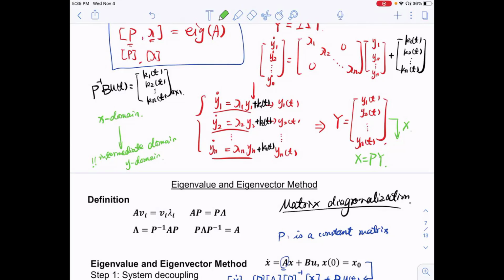You will only have one coordinate in one equation. So then we can easily find the solution in the y domain. Once we find the solution in the y domain, we just dump it back to the x domain. So the coupling between these two domains is through the P matrix or P inverse. That's why we call P the coordinate transformation matrix. We just convert the x coordinate to the y coordinate.